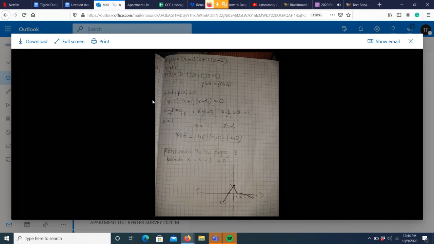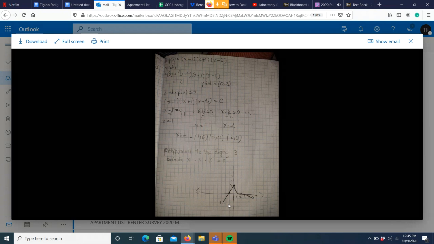And then for the x-intercept, since it's already in this form, I just set p of x equals 0, and then solve for x. I got x equals 1, x equals -1, and x equals 2. So my zeros for the x-intercepts are 1, 0, -1, 0, and 2, 0.